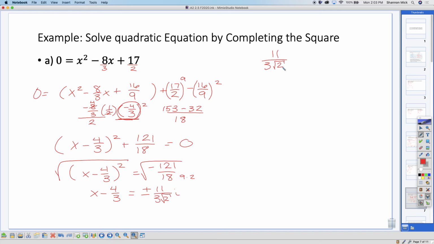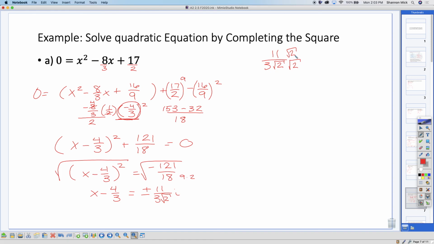If I want to get the square root of 2 not to be a square root of 2, I have to multiply it times itself. That's the only way I can get rid of it. But if I do it in the denominator, I also have to do it in the numerator. So I'm going to multiply by square root of 2 over square root of 2. This is like conjugating, pretty much.